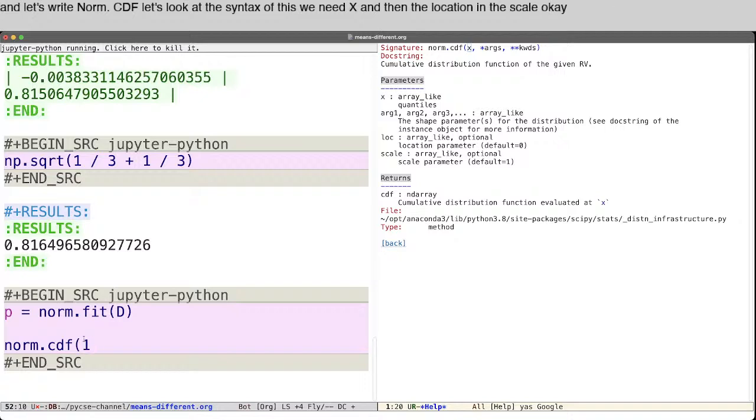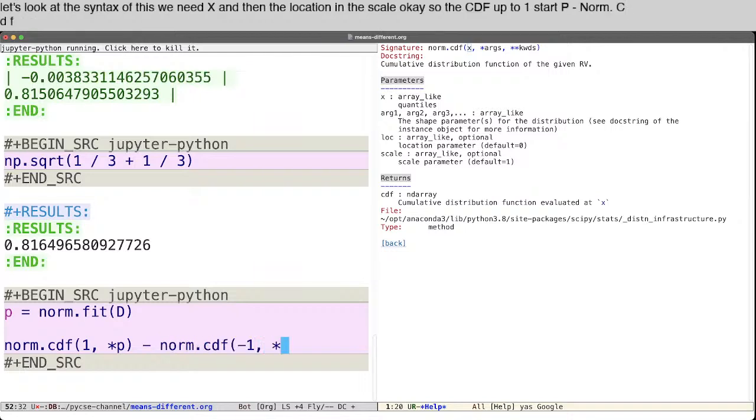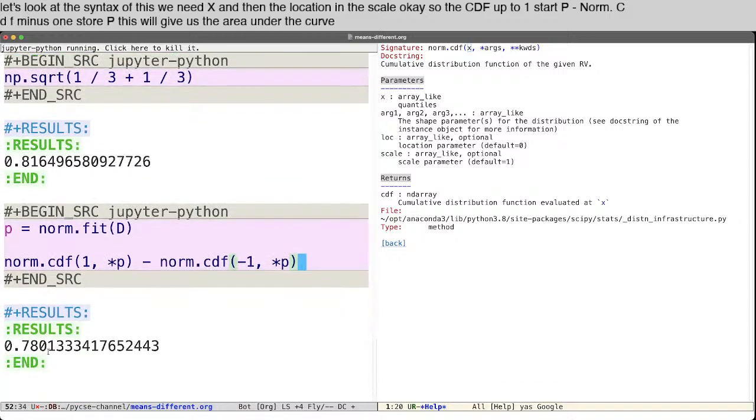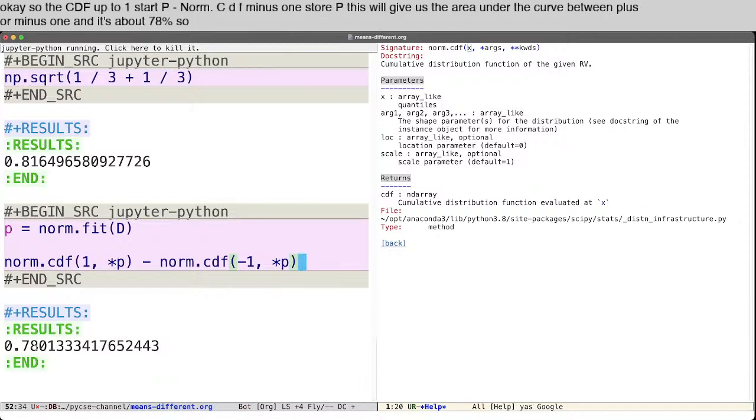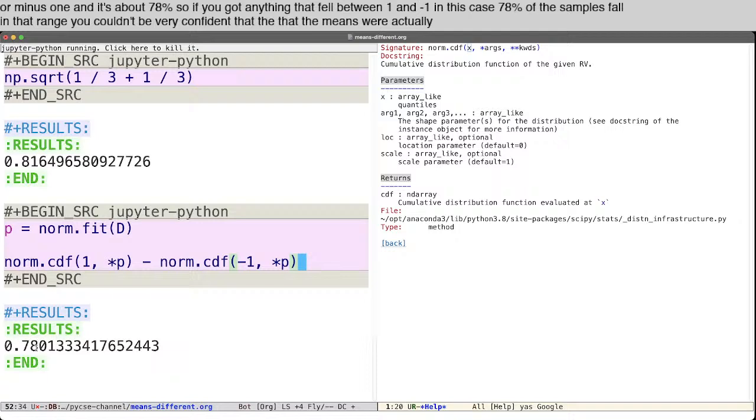Okay, so the CDF up to 1 star p minus norm.cdf minus 1 star p. This will give us the area under the curve between plus or minus 1, and it's about 78%. So if you got anything that fell between 1 and minus 1 in this case, 78% of the samples fall in that range. You couldn't be very confident that the means were actually different, right?